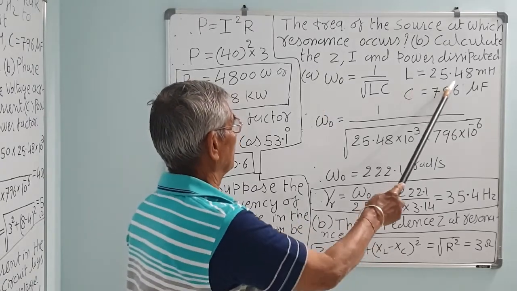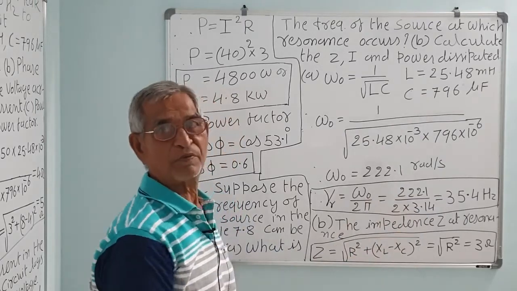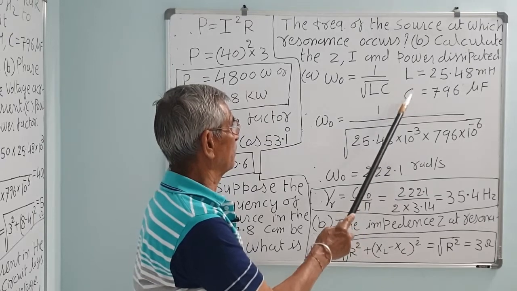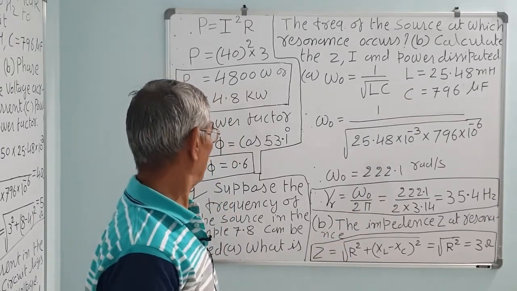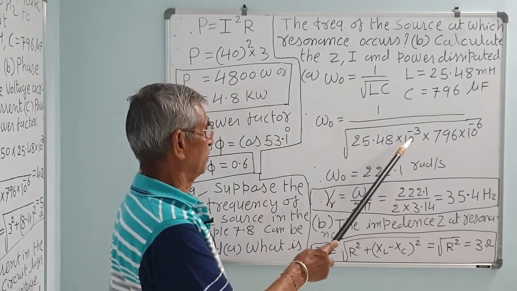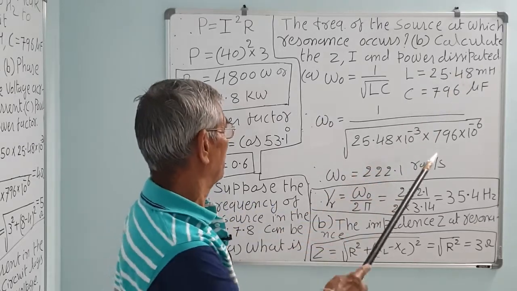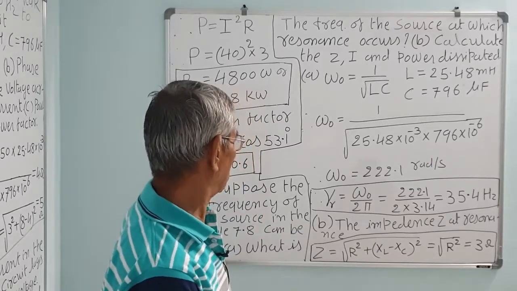L is already given, C is already given, that is L is 25.48 millihenry, and the capacitance of the capacitor is 796 microfarad. Therefore, omega 0 is 1 upon under root of 25.48 into 10 raised to minus 3 henry, into 796 into 10 raised to minus 6 farad.